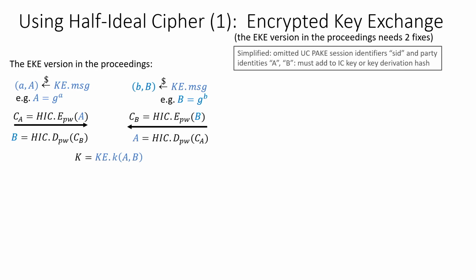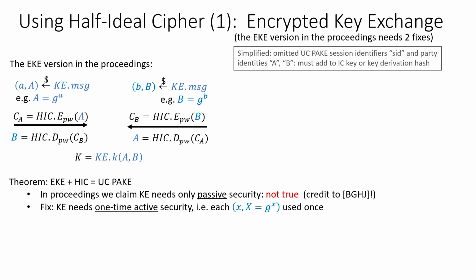Okay, so very briefly, I want to say that even though this works, we did have a bug in the conference version of the paper. And I can tell you what that is. Actually two bugs, as far as I can tell.